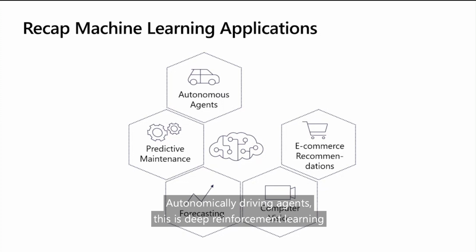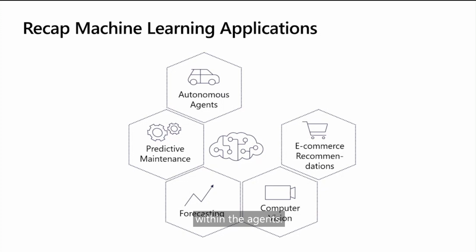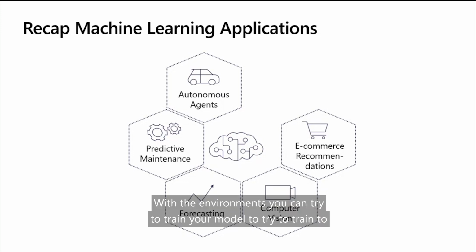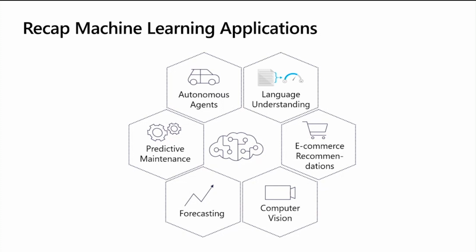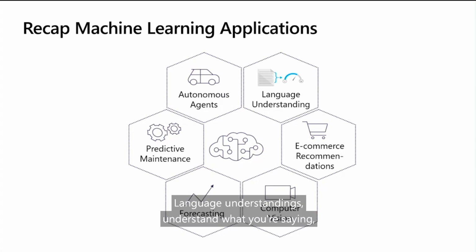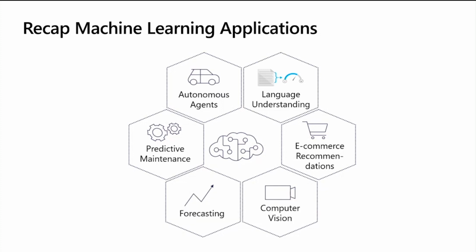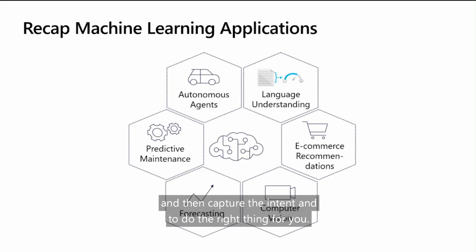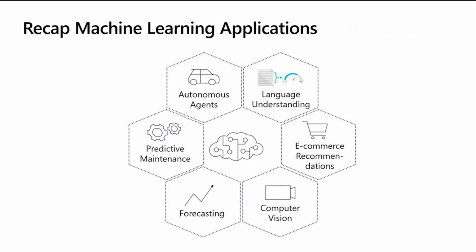Automatic driving agents use deep reinforcement learning, with agents within environments. You can train your model to build automatic driving engines or deep learning models. Language understanding is understanding what you're saying, capturing the intent and doing the right thing for you.